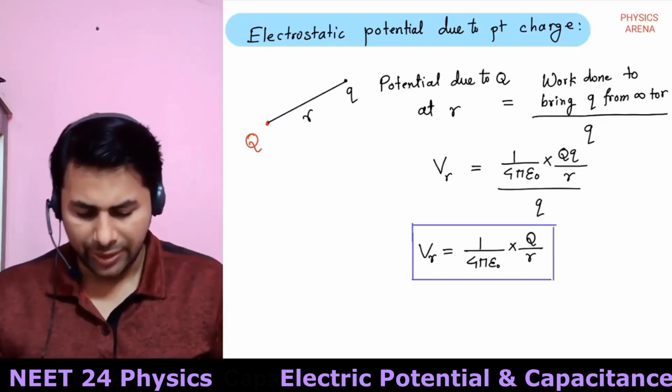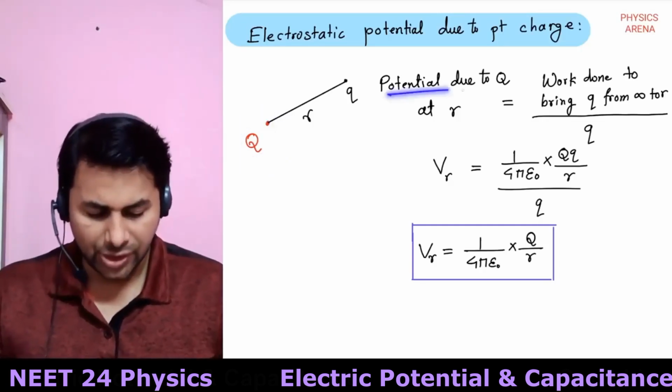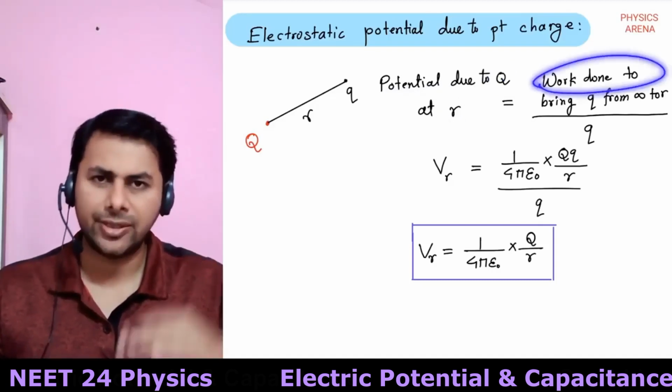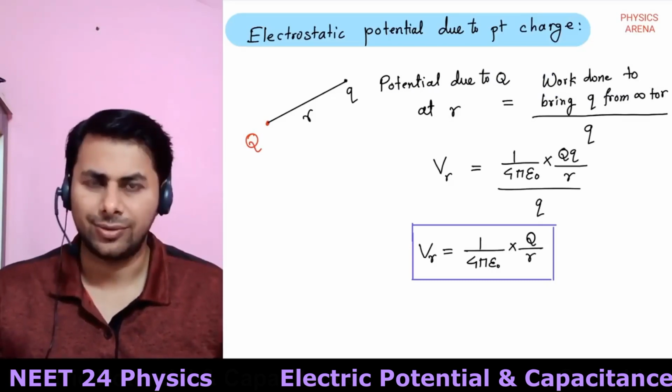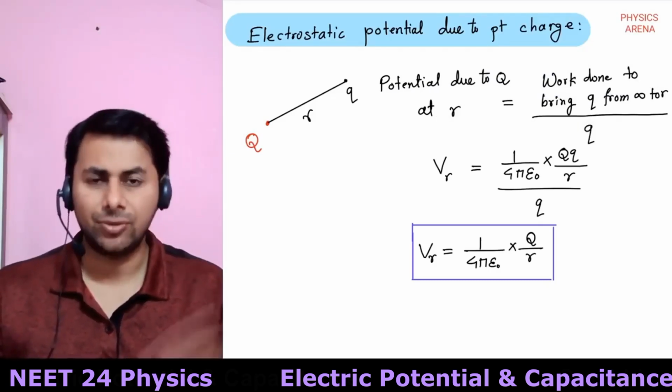How do we define the potential of this charge at distance r? Potential due to capital Q at r is the work done to bring some other charge from infinity to that point, divided by the charge you brought.